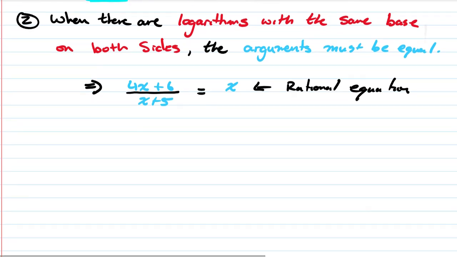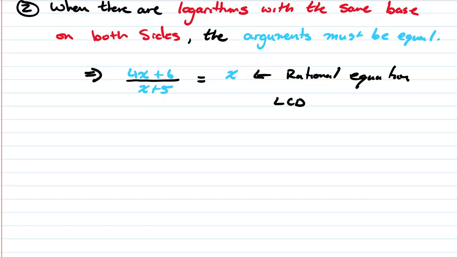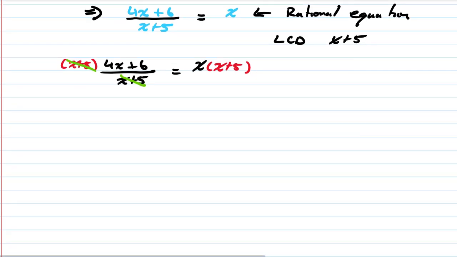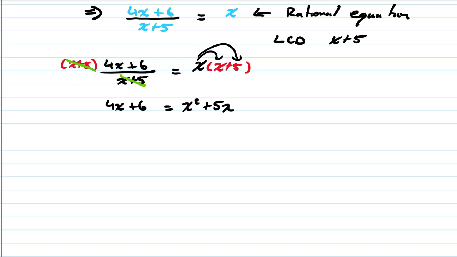So the LCD, there's only one fraction, is x plus 5. So we multiply both sides of the equation by the LCD, which is x plus 5. And then the x plus 5's reduce out, and that gives us 4x plus 6 is equal to, distributing the x in on the other side, x squared plus 5x.